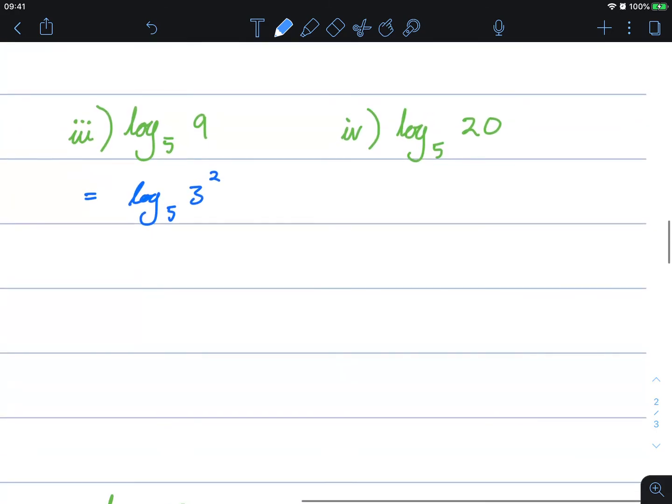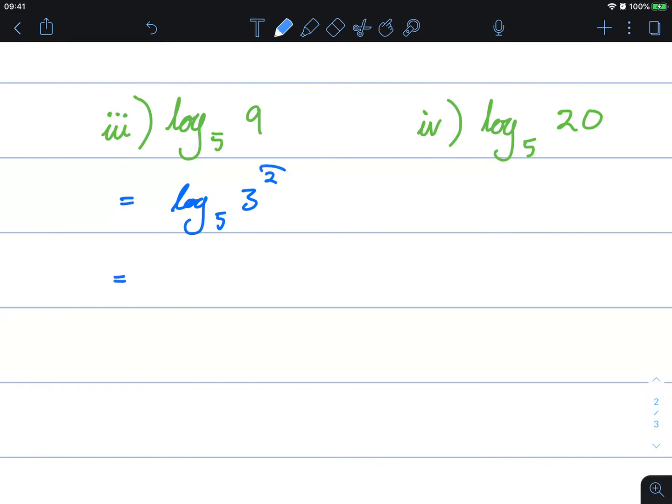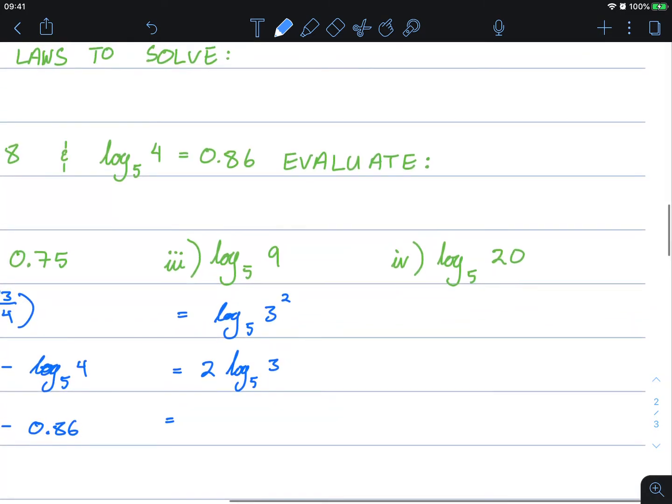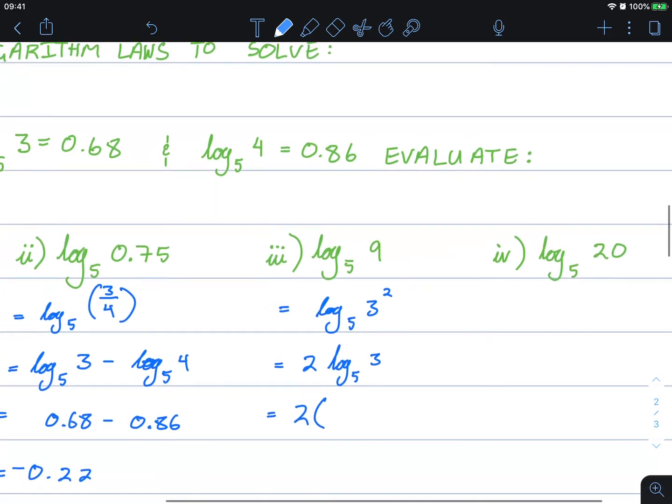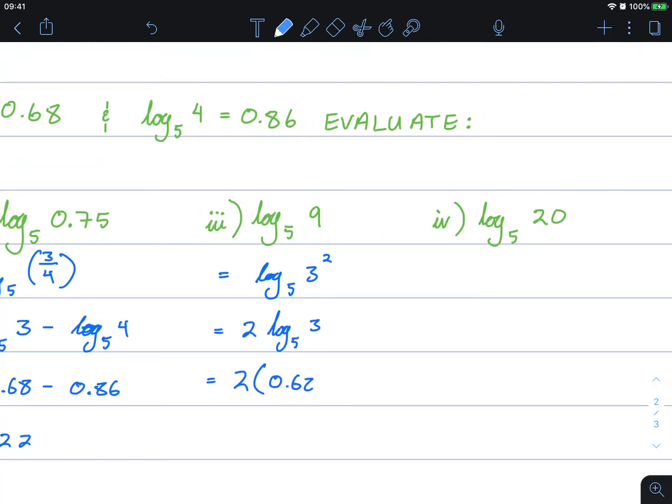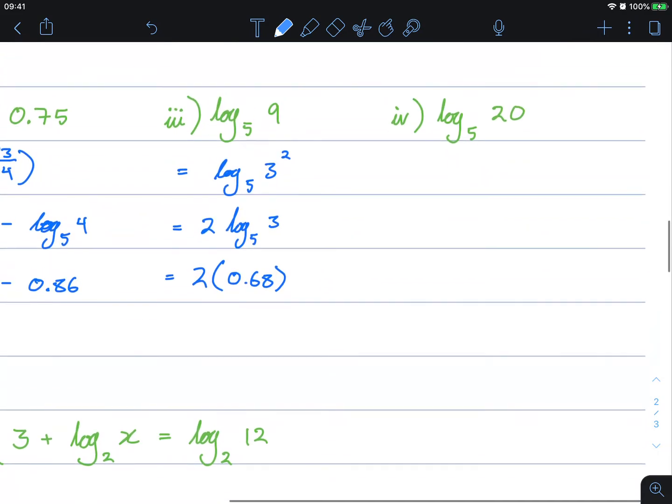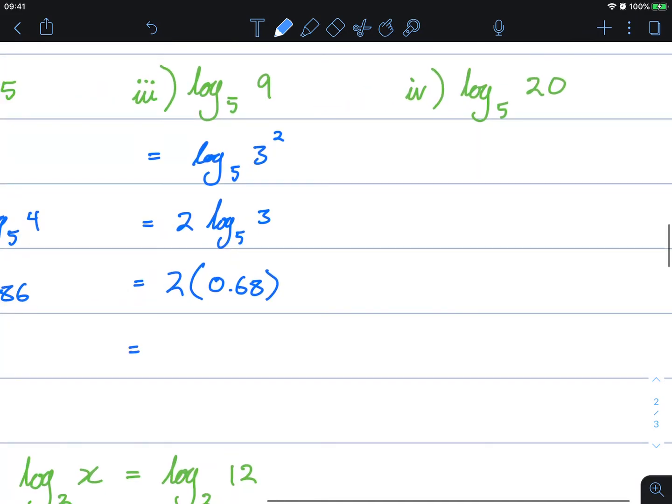So notice how we can move that power of 2 to the front. So 2 log base 5 of 3, which is 2 times 0.68, which is equal to 1.36.